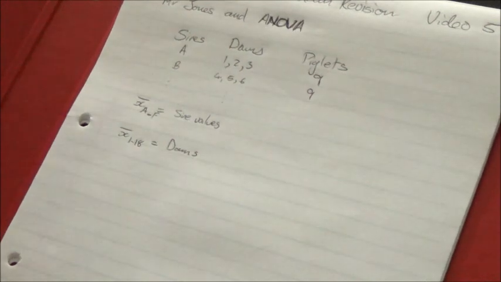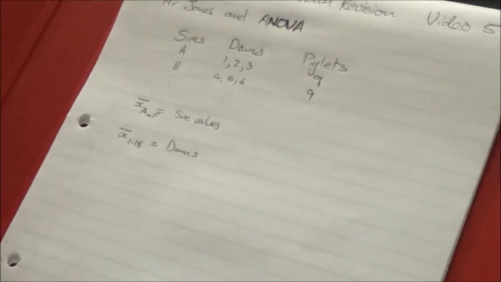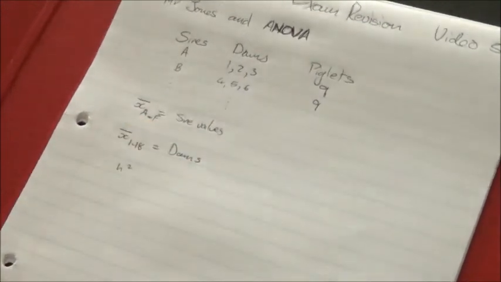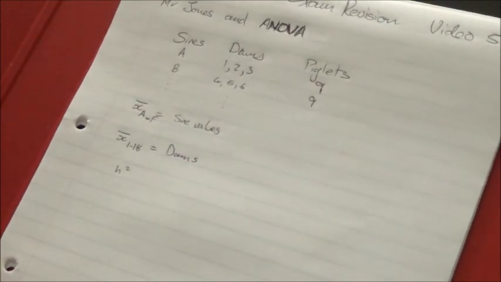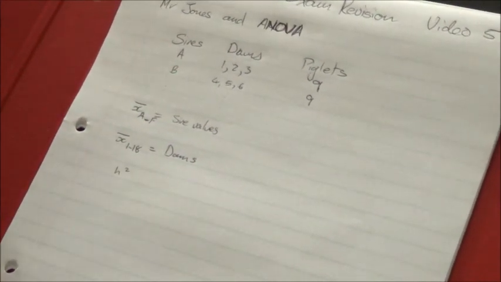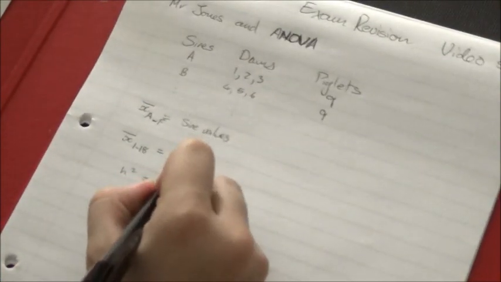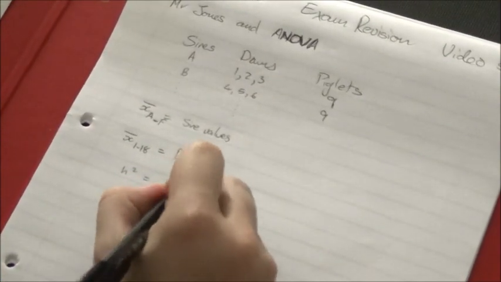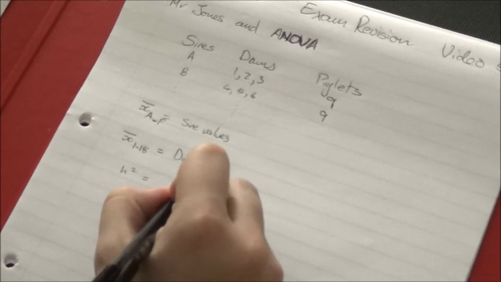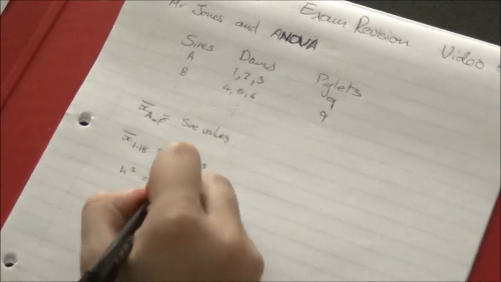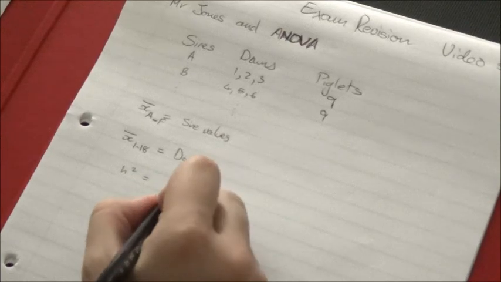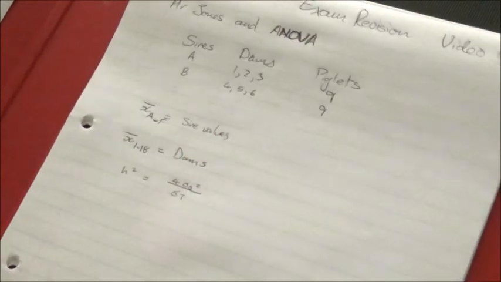Then you need to understand what the question is asking you. The question is asking you to find the heritability, or the narrow sense heritability, which is your h squared. And to calculate that according to this type of question, we are going to use this formula, which is the standard deviation, the variation of sire, times 4 over the total variation.